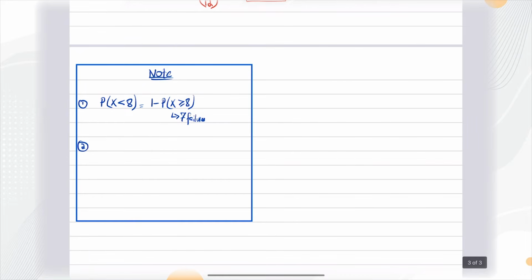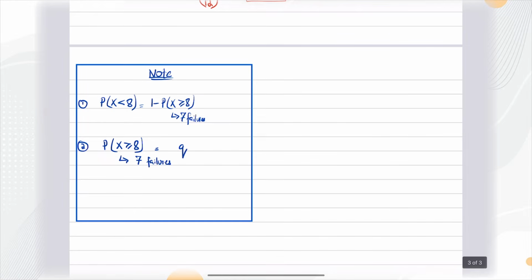Because this is how the question can be twisted. Other than that, there's no way that the question can be twisted. The concept is pretty straightforward. So if, let's say, you need to calculate the probability that x is greater than or equal to 8, here's how we're going to do it. That means the first 7 must have been failures, just like how we did it earlier.